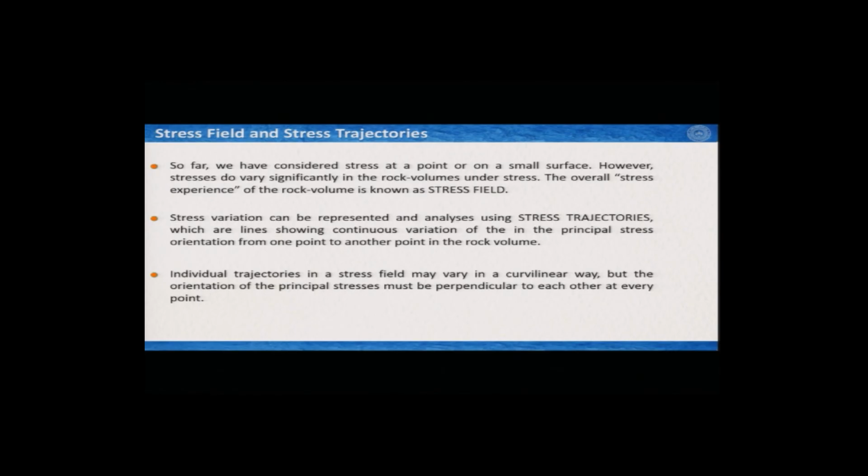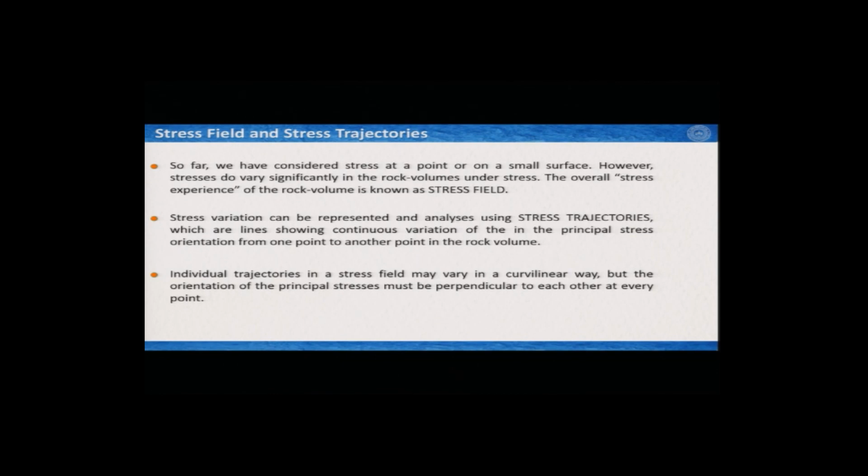Now, this stress variation can be represented, and one can analyze it using stress trajectories, which are the lines showing the continuous variation of the principal stress orientations from one point to another point within the rock volume. We will see the diagram soon.